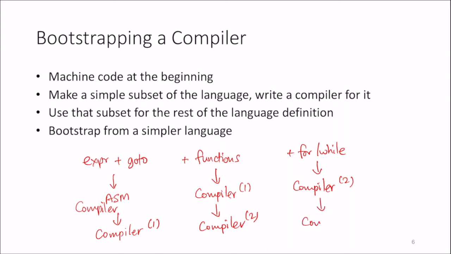And now I have a new compiler, compiler 3. And if I keep doing this, at the end stage, I'll have a compiler star, which is my ultimate compiler that can accept any program in my fully fledged programming language.